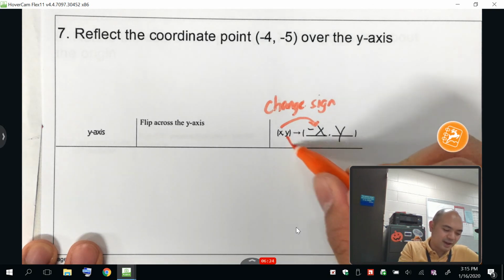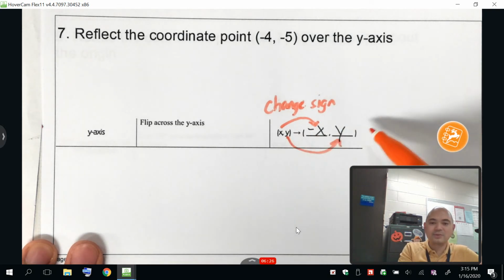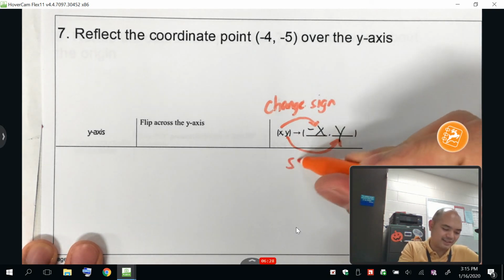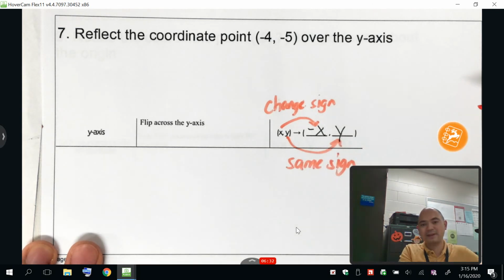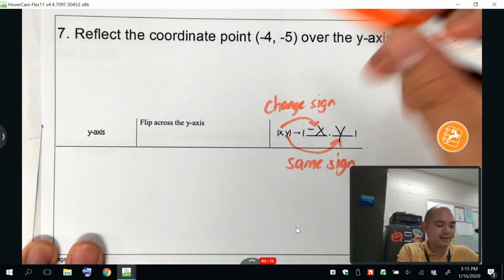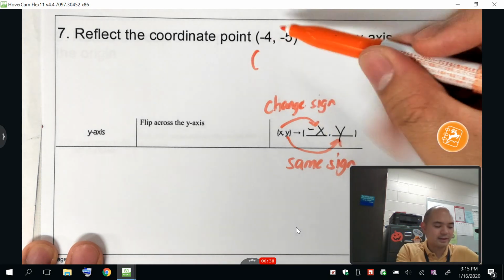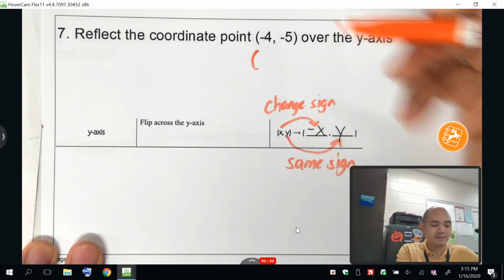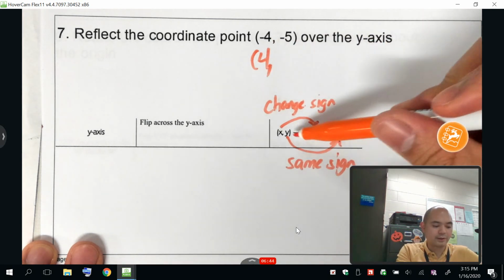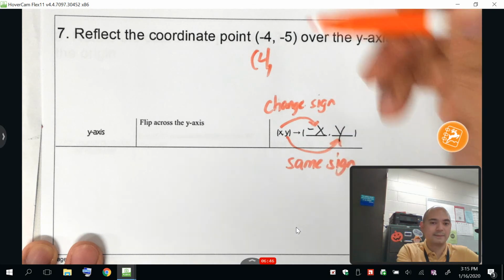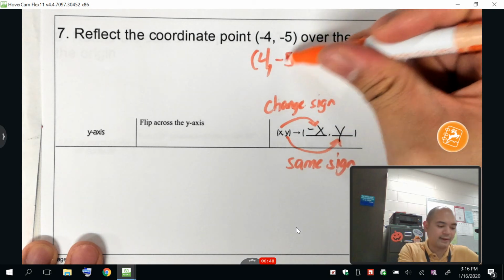Now for the y, from y to y, that keeps the same sign. Alright? So take time to answer. And when we come back, your answer should be x is still in the front, but now the negative changes to a positive 4. Your y moves to the back with the same sign. So it's still a negative 5.